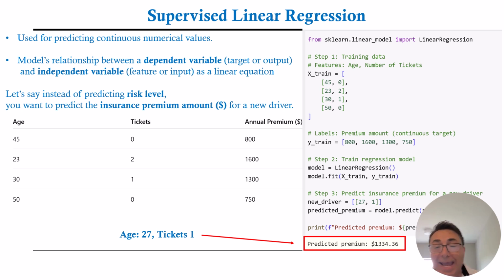And then what it can do is provide a prediction of what the insurance cost should be. Now, I have someone here, age 27, 1 ticket, and the prediction is 1334.36. But you might say, wait a minute, you don't have an age 27 and 1 ticket here. No, but let's find out how the computer predicted that.